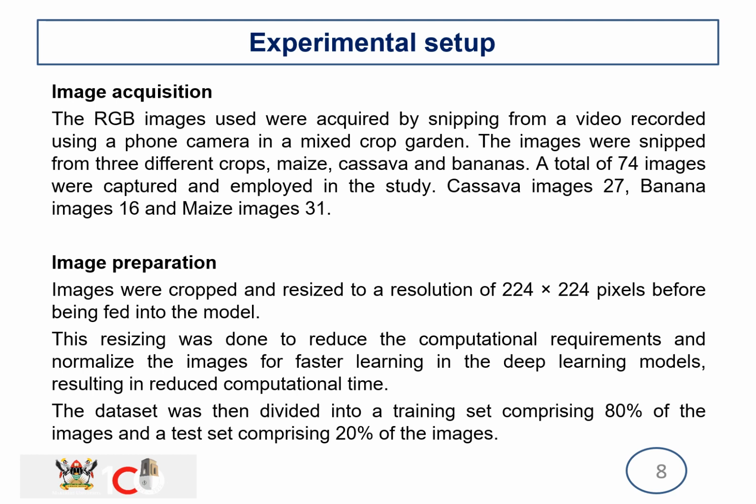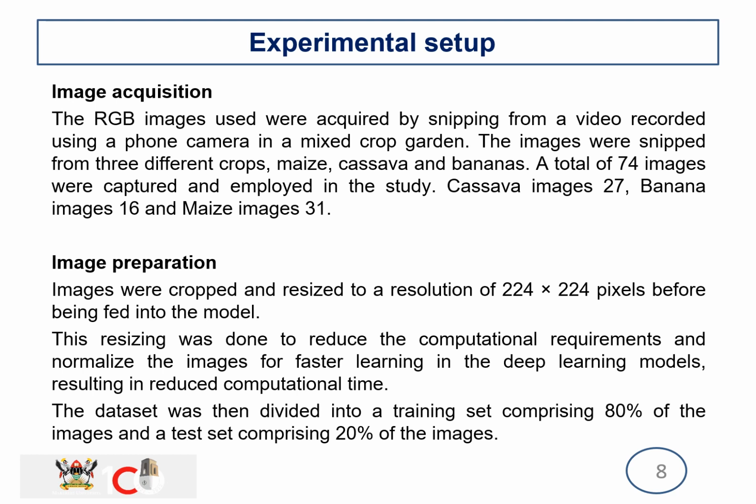In the experimental setup, there was image acquisition, where the images used were captured from a video recorded using a phone camera in a mixed crop garden. These images were snipped using a local tool on a computer, and there were three classes of crops: maize, cassava, and bananas.